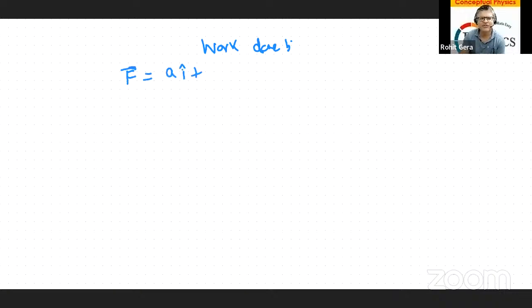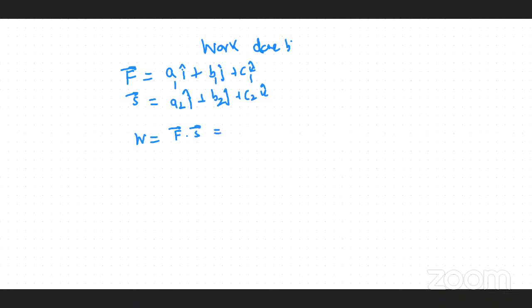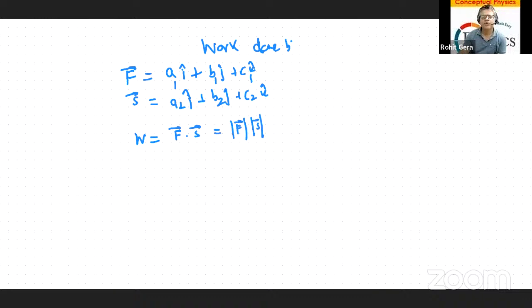Work done in terms of vector algebra. Say force is given by a1i plus b1j plus c1k, and the displacement is a2i plus b2j plus c2k. You have to calculate the work done, and it is given by F dot S, which is the product formula: magnitude of F into magnitude of S into cos of the angle between.